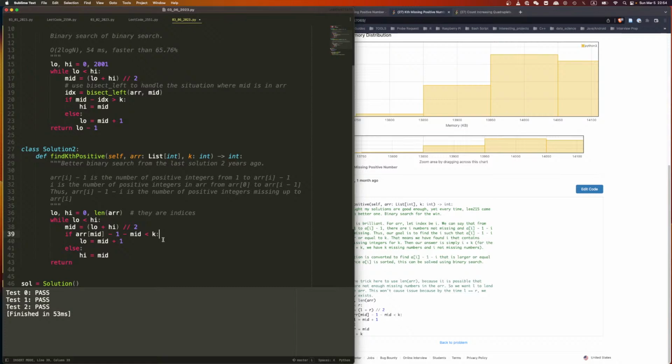Yeah, when we come out low, right? When we come out, no, that's the number of not missing integers. So, hold on, we will go to low plus k, okay? Now we see low is the number of not missing integers, right? Low is the number of not missing integers.